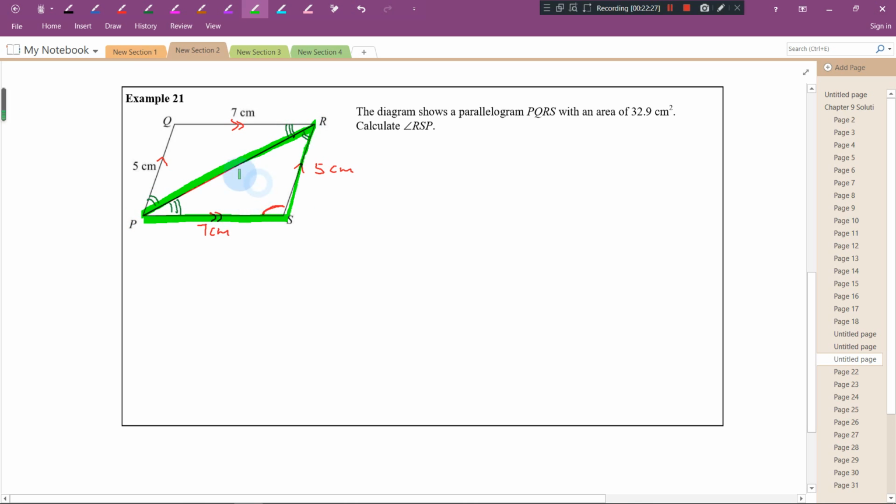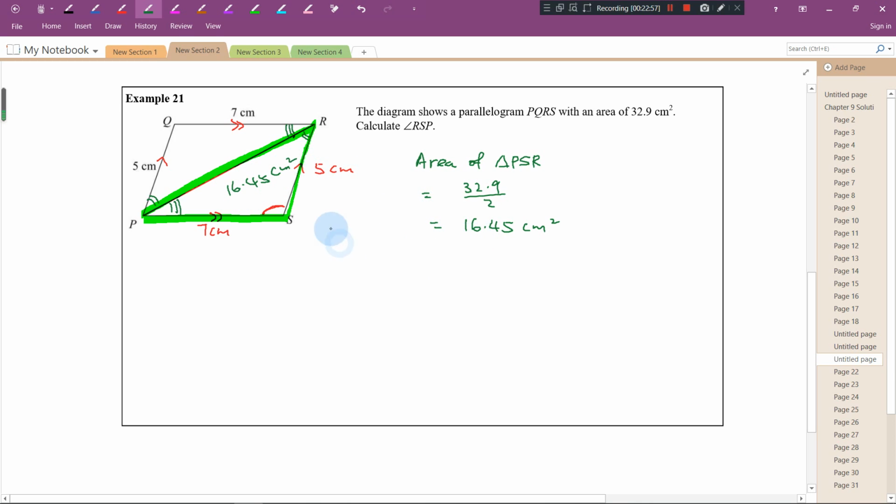So can I get the area of this triangle? Yes, we can. We just take this one, 32.9 divided by 2, right? Okay, let me write over here. Area of triangle PSR is equal to 32.9 divided by 2, which is equal to 16.45 square centimeters.